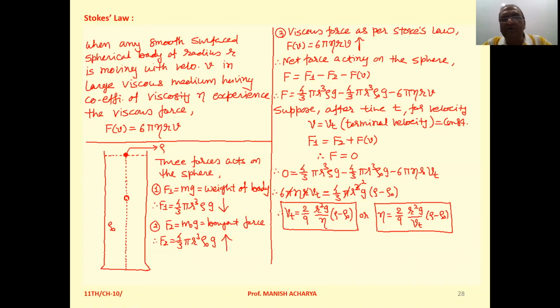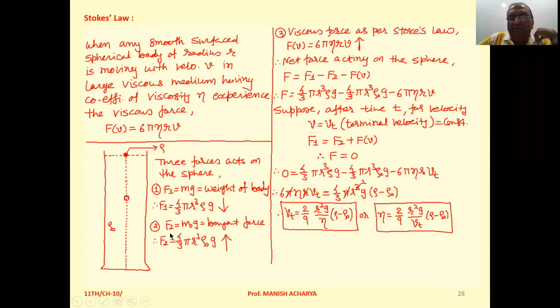Another force that acts on the body when it is in the liquid is the buoyant force. You already studied about it. Buoyant force is equal to the weight of the displaced liquid. Now the volume of the displaced liquid will be exactly equal to the volume of the body.